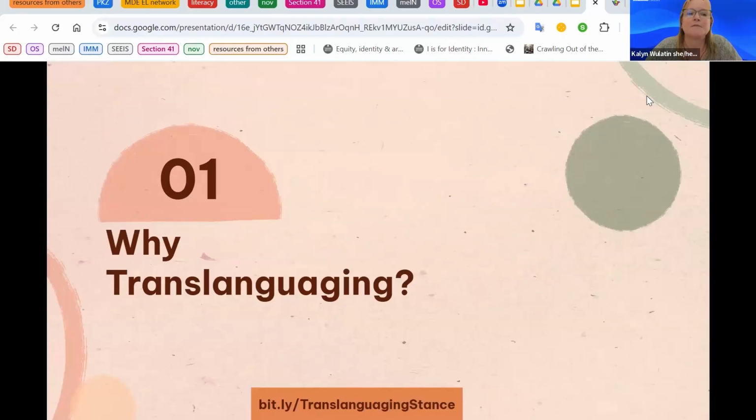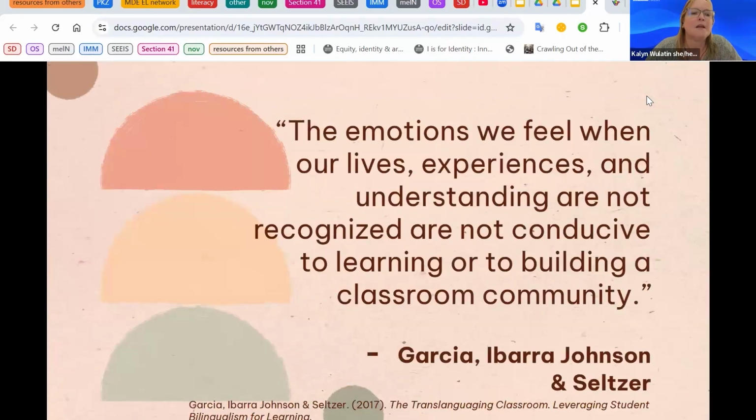So why translanguaging? Take a moment to look at some of these quotes. The emotions we feel when our lives, experiences, and understanding are not recognized are not conducive to learning or to building a classroom community.